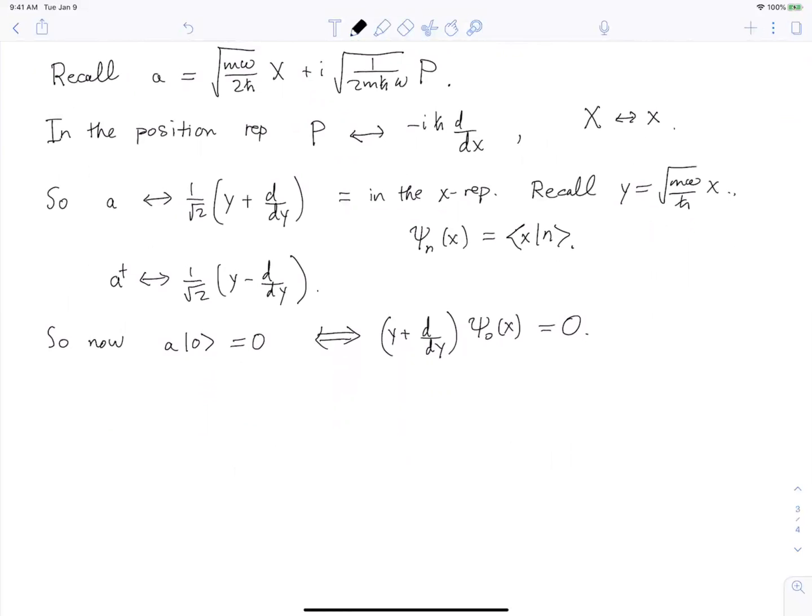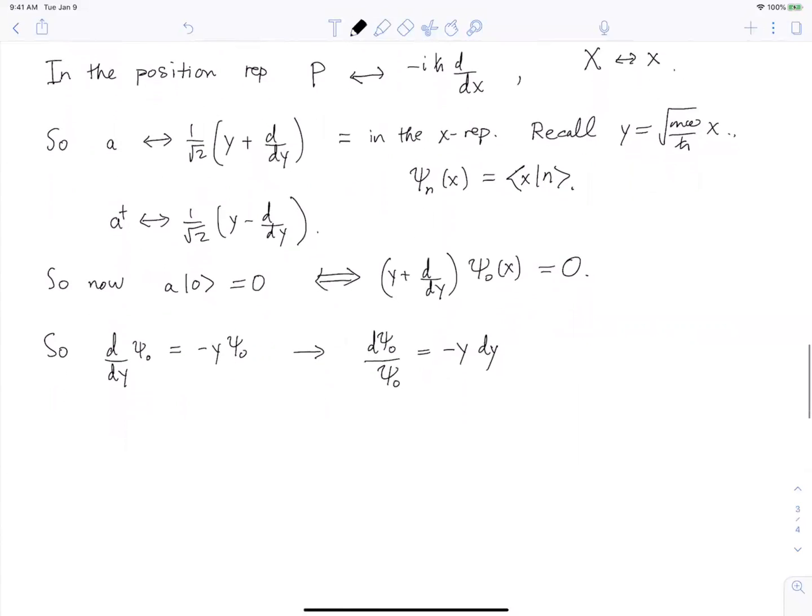Okay, and so we have d by dy acting on the wave function of the ground state is equal to minus y times itself, which tells us that d psi 0 divided by psi 0 is equal to minus y dy. Okay, on the left-hand side, we have a differential of the logarithm of psi 0.